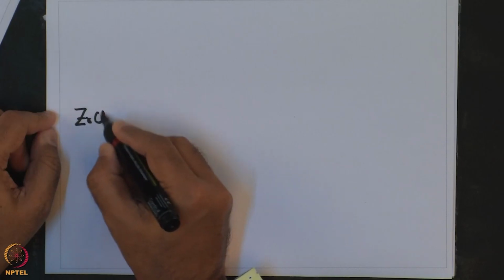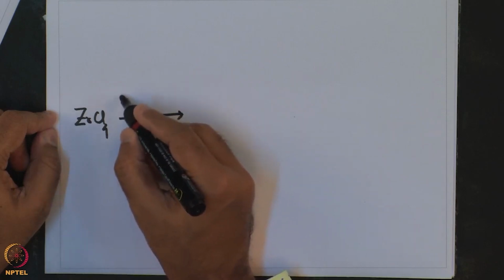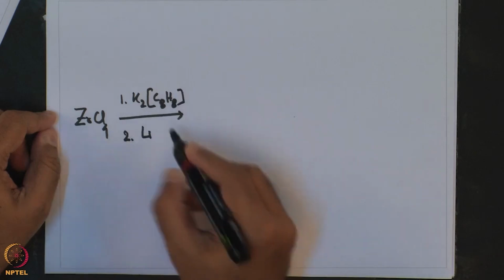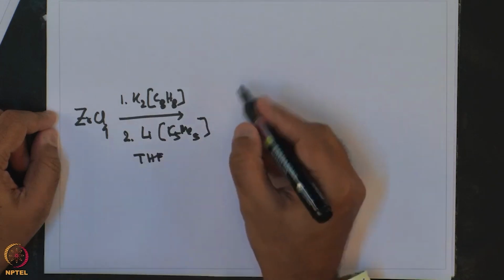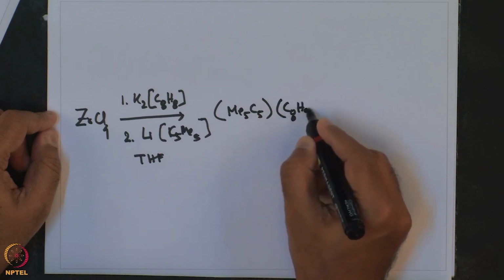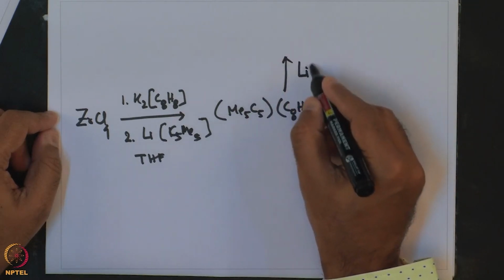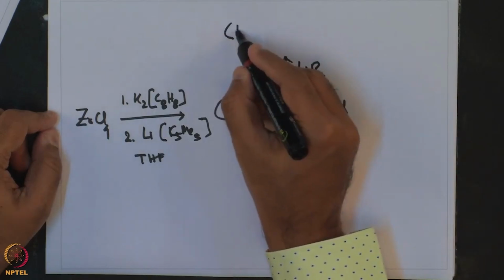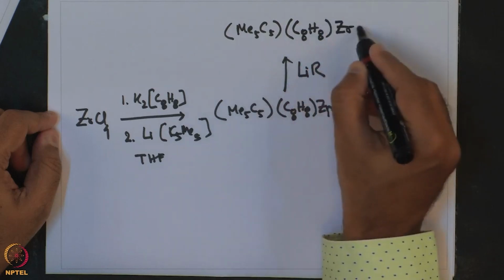For example, reaction of ZrCl4 with 1 K2 dianionic form of C8H8 and 2 lithium salt of C5Me5, pentamethyl Cp, in tetrahydrofuran gives rise to (Me5C5)(C8H8)ZrCl, and that upon reaction with lithium alkyl would alkylate this zirconium, giving rise to (Me5C5)(C8H8)Zr alkyl.